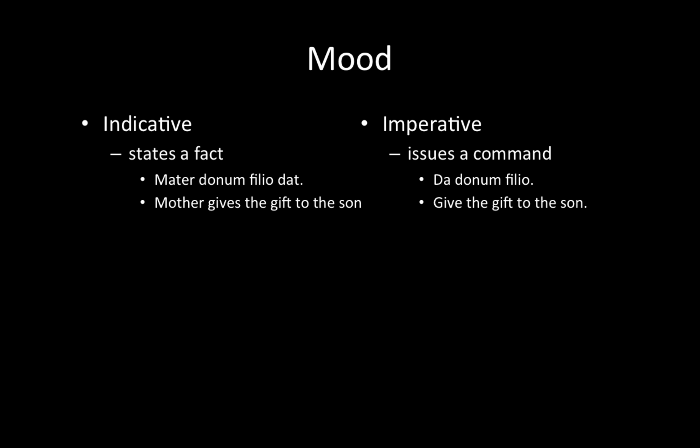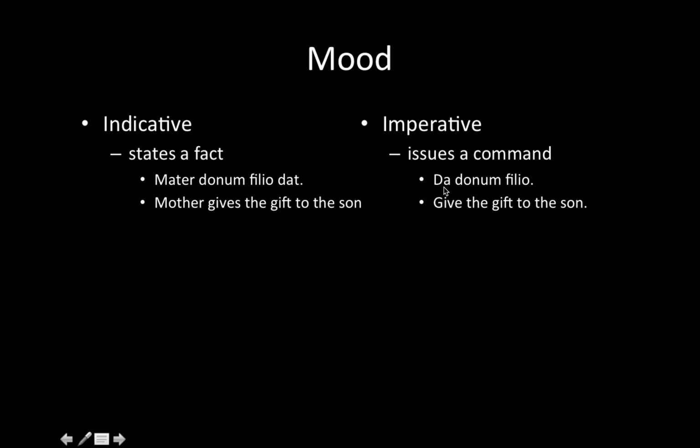Now, the imperative is a different mood. While an indicative states a fact, an imperative issues a command. So if I took my indicative sentence and I changed my verb to be an imperative, I would get da donum filio. So that is, give the gift to the son.